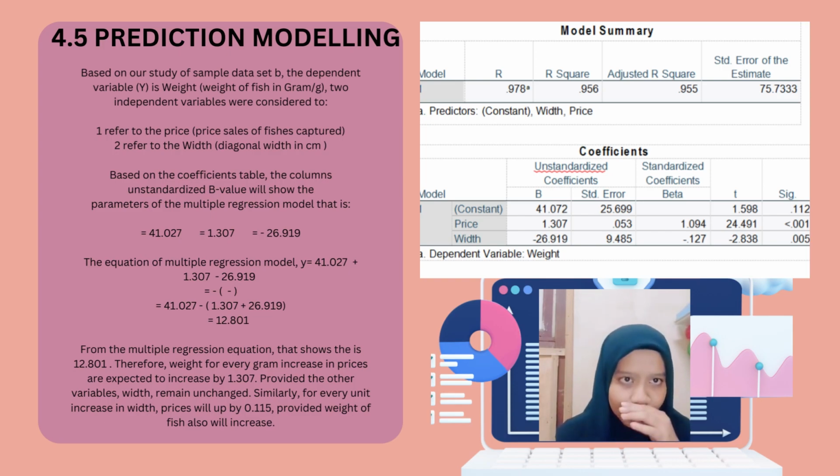Based on the coefficients table, the column under unstandardized B value shows the parameters of the multiple regression model, that is b0, b1 and b2. The equation of the multiple regression model is y equal 41.027 plus 1.307 minus 26.919.